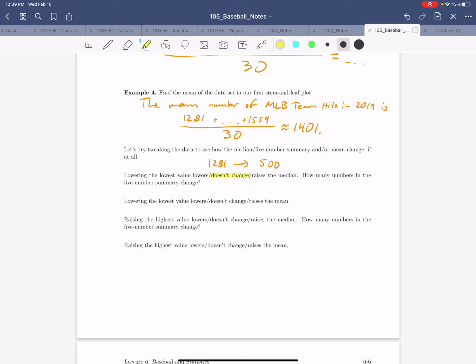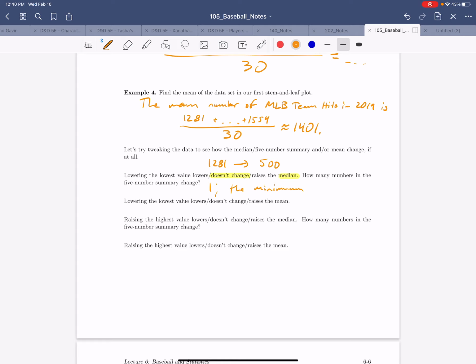Lowering the lowest value does not change the median. How many numbers in the 5-number summary change? 1. The minimum. Right, and that's not a very exciting observation because that was our premise, that we changed the minimum.